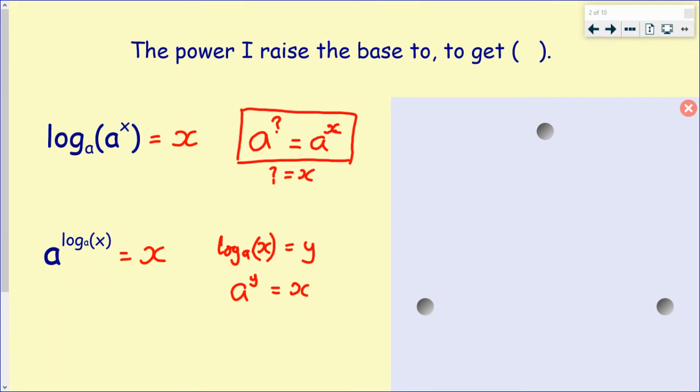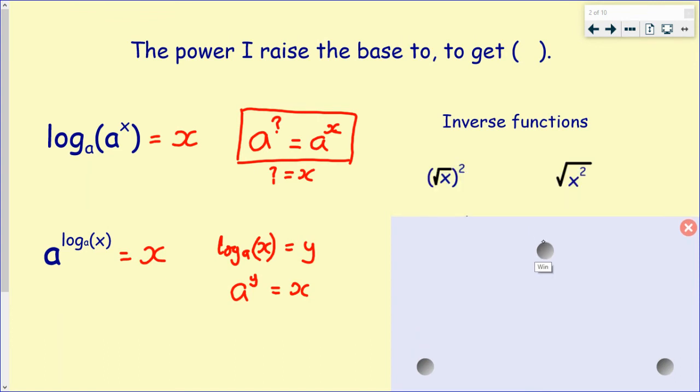Down here, if we do the logarithm base a of x, and then I raise a to that power, I get x. And so it's very similar to other inverse functions that we might be familiar with. So the square root of x and then squared, we know is x. Or similarly, x squared and then square rooted. We know they're just inverse functions. One is undoing the other.